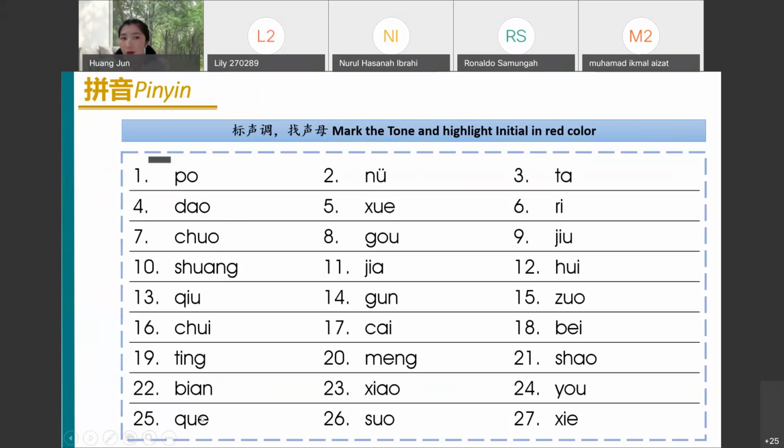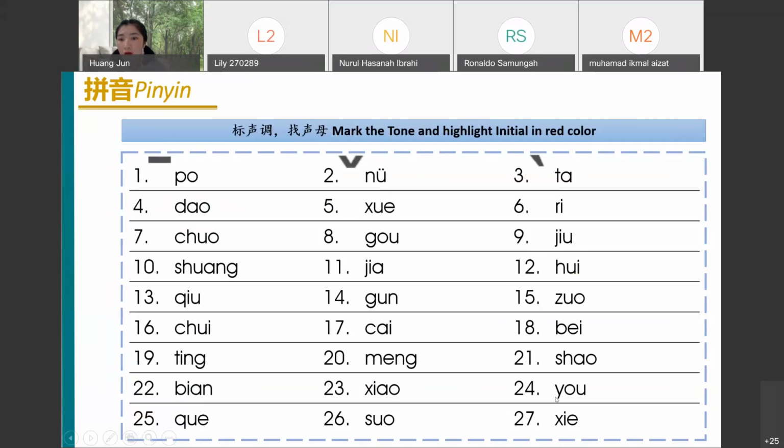Don't need to care about the meaning. I only need you to find the correct letter and mark the first tone on group 1. Then for the second group, you mark tone number 3. Then for group 3, you mark tone number 4 on them.